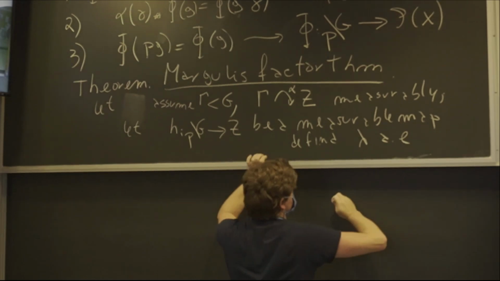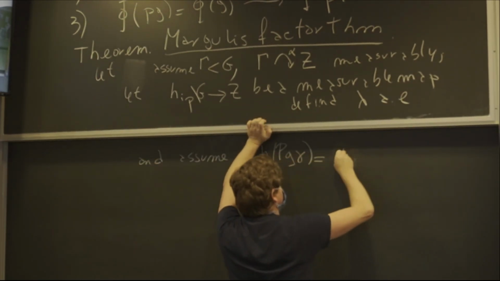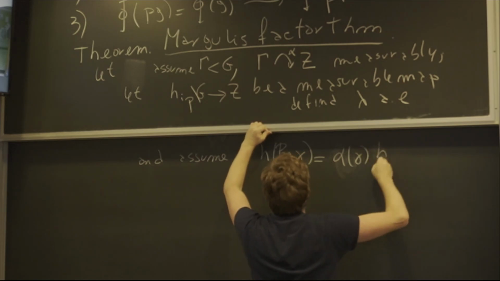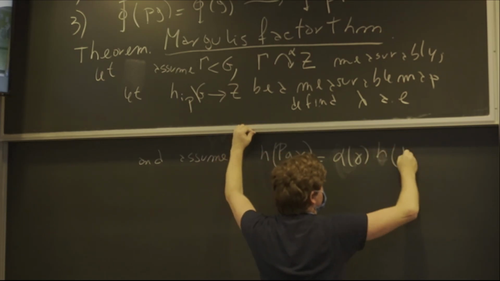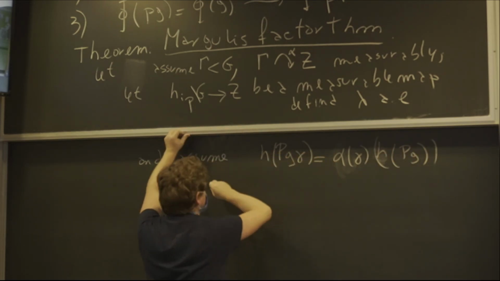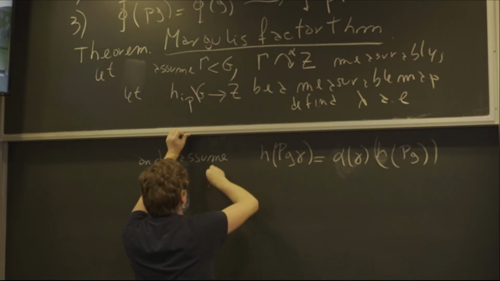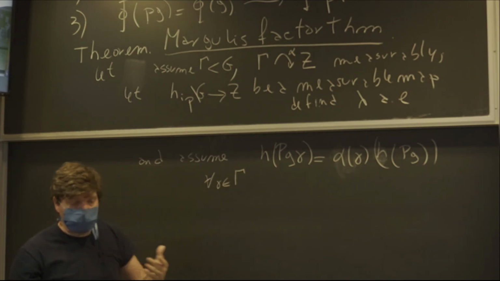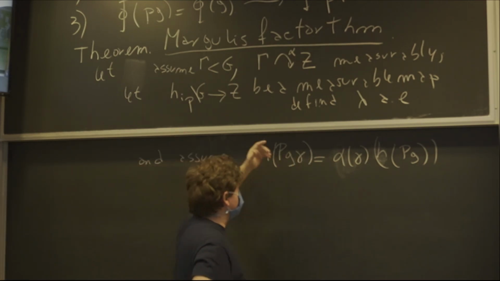We always call these guys alpha. Alpha of gamma times H of PG for every gamma in gamma. So this is the conjugacy property.